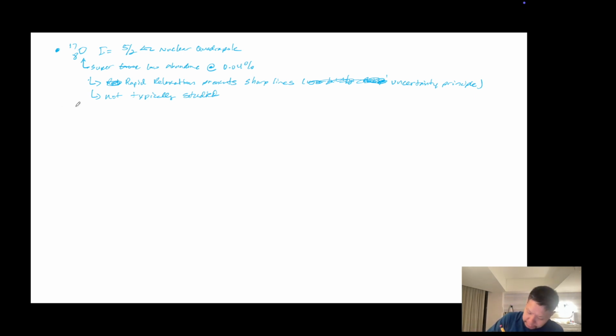So let's talk about another category of nuclei: even mass number nuclei with even atomic number.